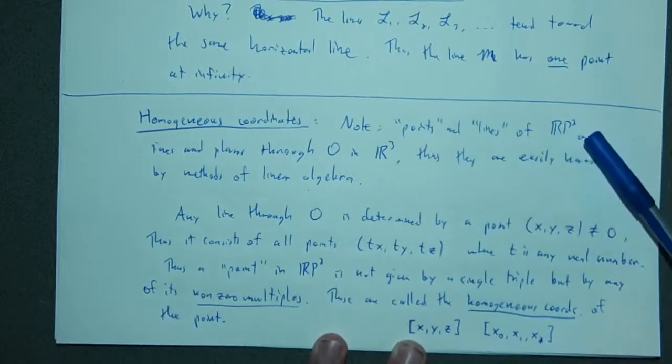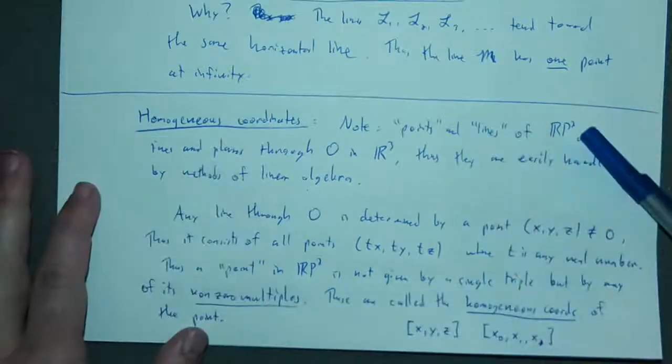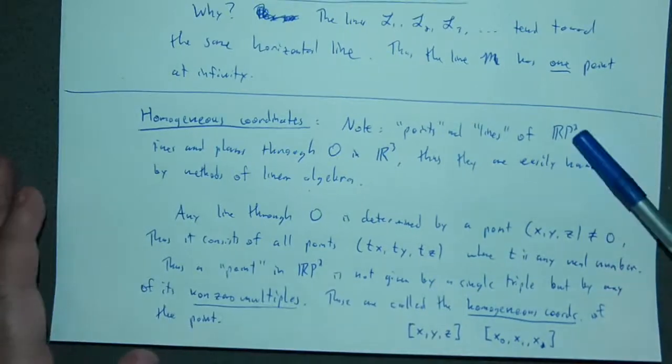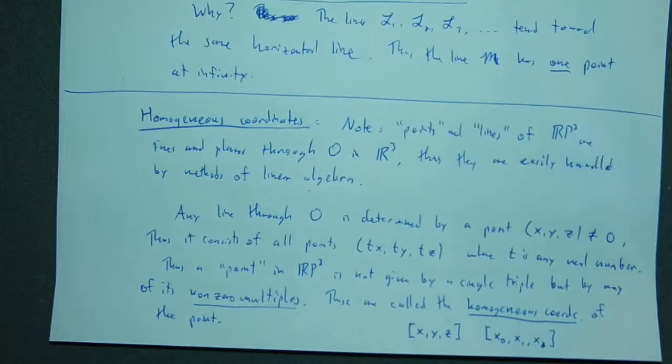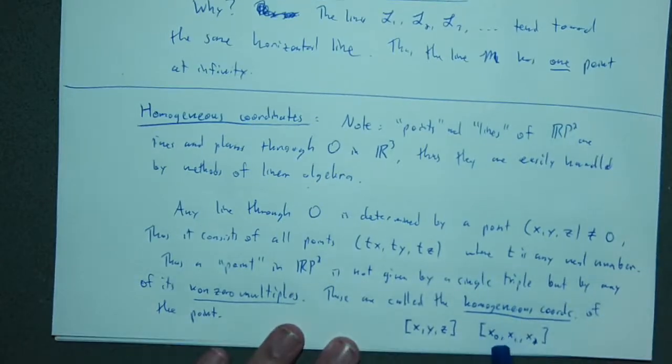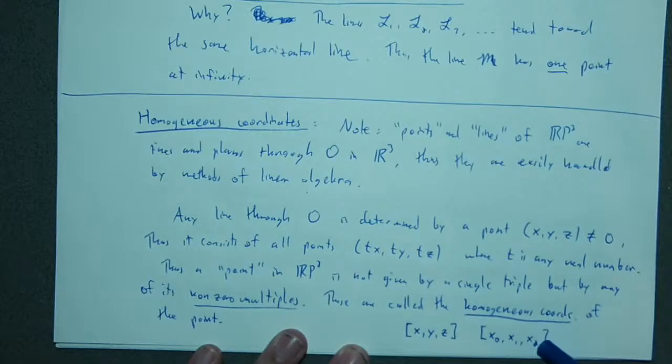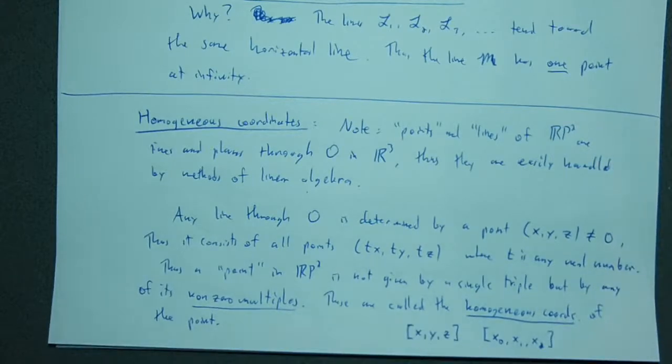It's a real projective plane, so it's two-dimensional in some sense, even though it's defined by objects sitting in R3. This is still a two-dimensional object in some sense. That's why this notation is not totally crazy, and why the numbering typically begins at 0 for homogeneous coordinates of projective space: so that the top subscript matches the number of the dimension.